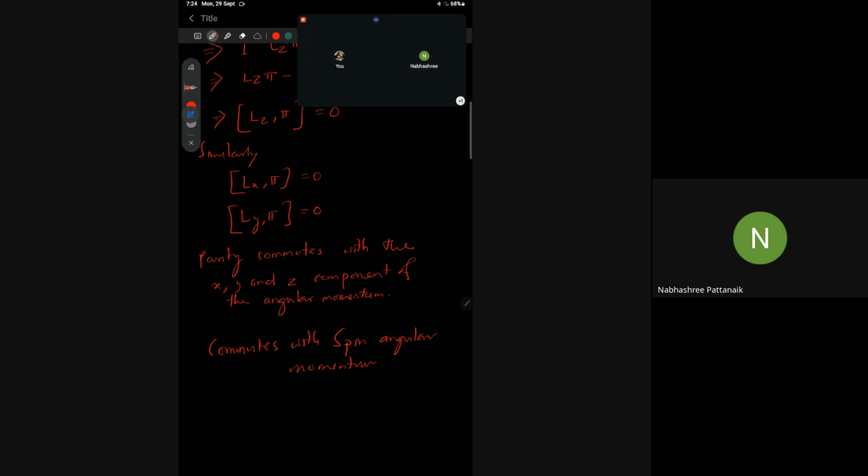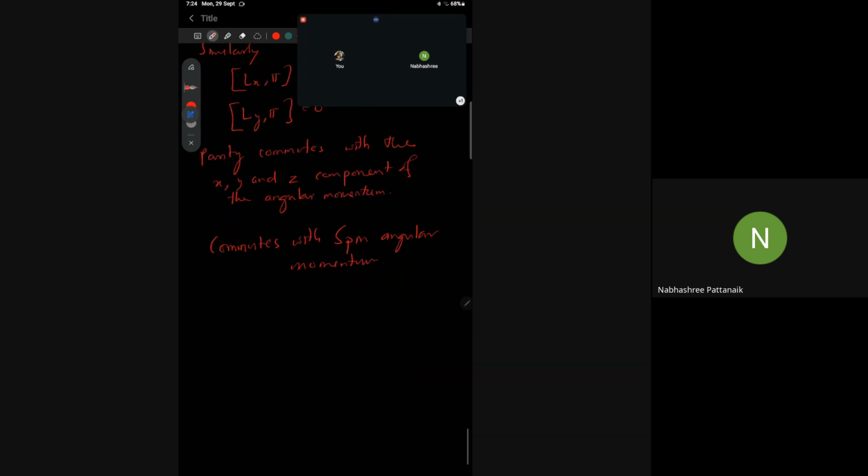Now, with these two in mind, total angular momentum is equal to L plus S, orbital angular momentum plus spin angular momentum. So the same property will hold good. That is why parity will commute with total angular momentum.